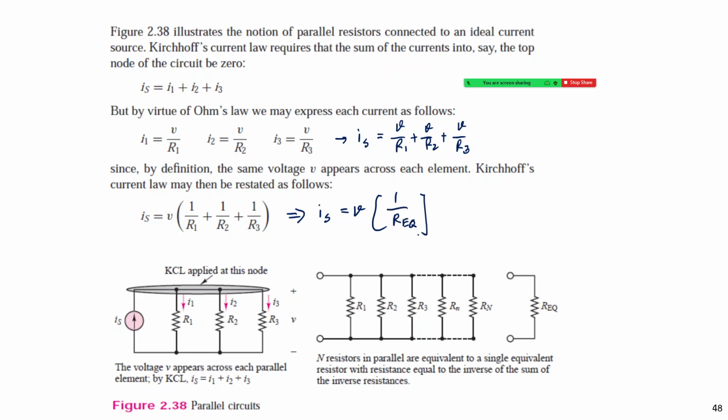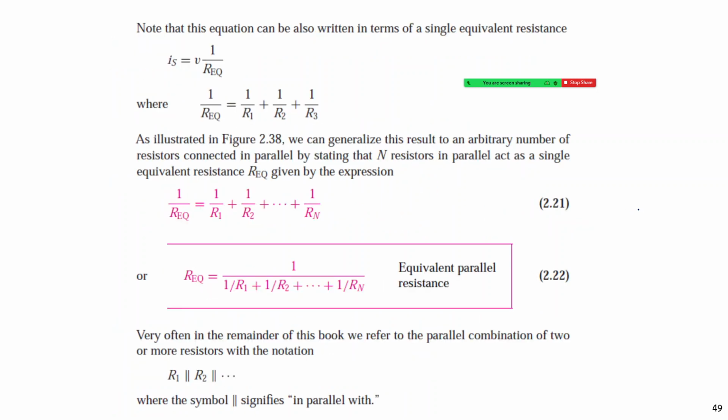So R equivalent can be computed by this formula: 1 by Req is 1 over R1 plus 1 over R2 plus and so on. And this is the equivalent resistance circuit, right?